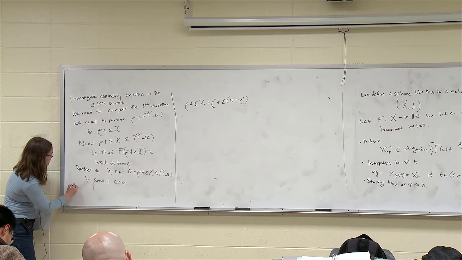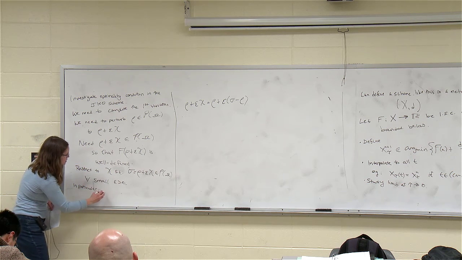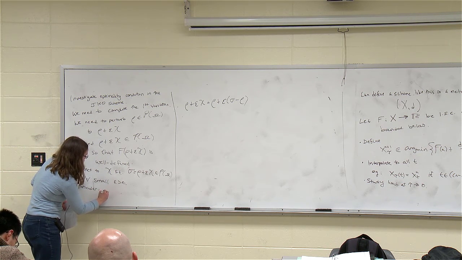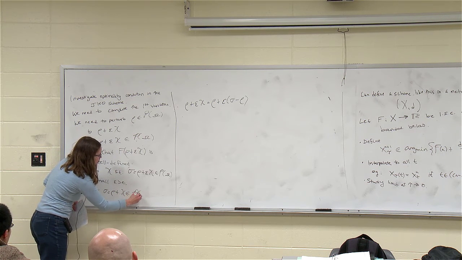In particular, let's say that sigma equals rho plus chi is also a probability.